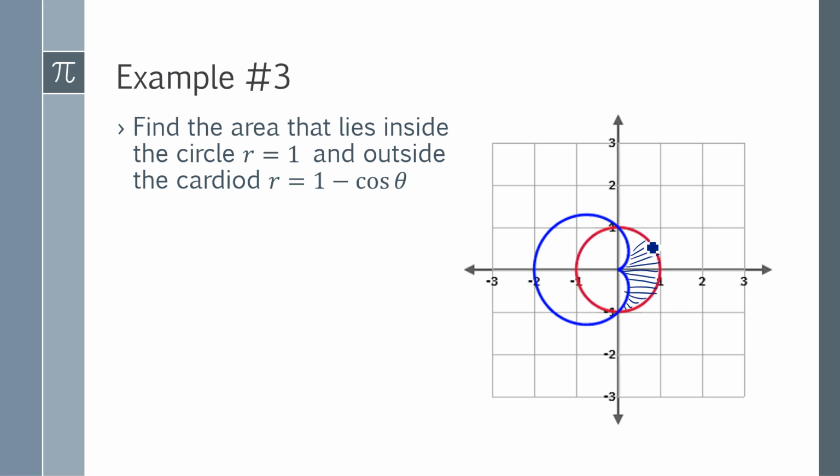And notice I always will be filling these in to help reinforce in my mind the idea of, okay, it's always being measured from the radius. So I need to figure out what's my outer, what's my inner. Well, looking at this, the circle is the outer. So my circle is outer, and that means my cardioid is inner.